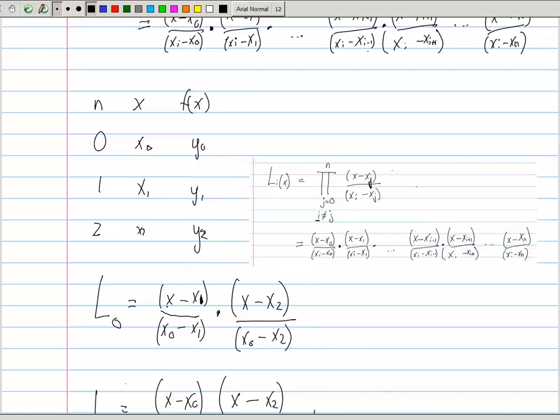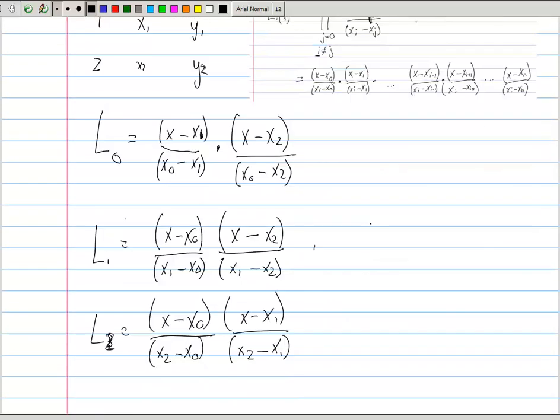And what we land up with is x0 minus x1, which cancels with this, and then x0 minus x2, which cancels with this. That leaves 1 times 1 times our y0. All our other terms become 0, such that we land up with just y0, so f of x0 equals y0.